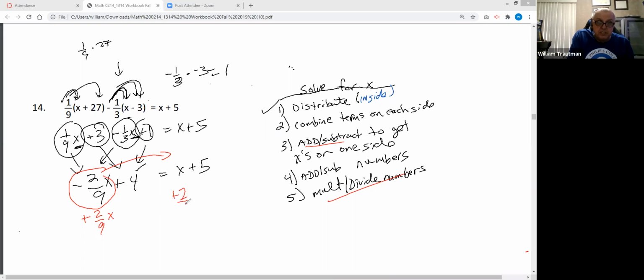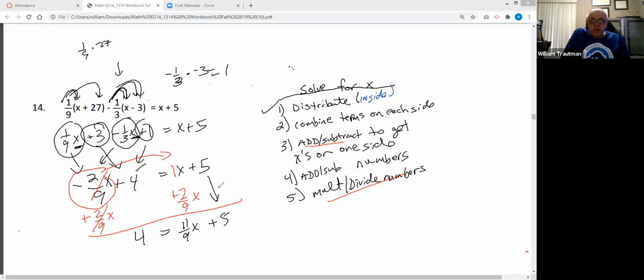Don't forget you're adding 2/9 x to just 1. So I'm left with 4 equals 1x plus 2/9 x is 11 over 9x plus 5. 1x plus 2/9 x is 11 over 9x.